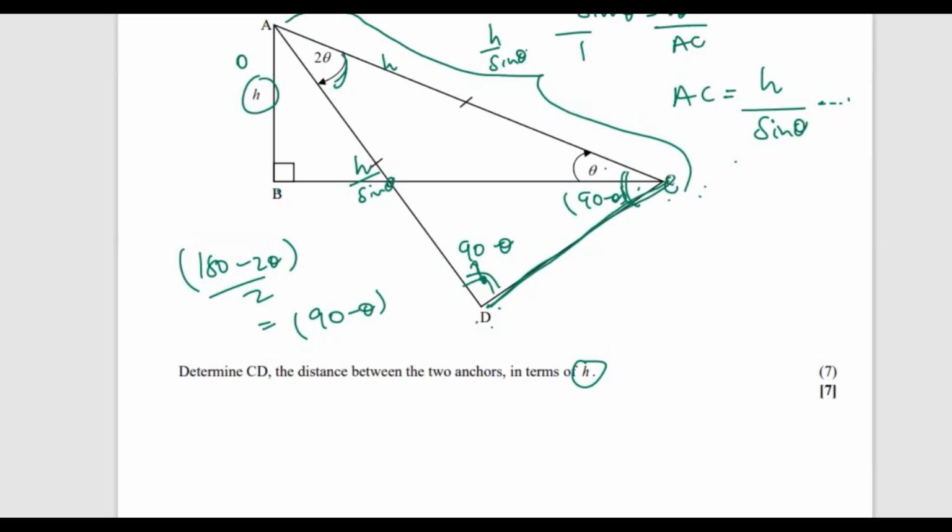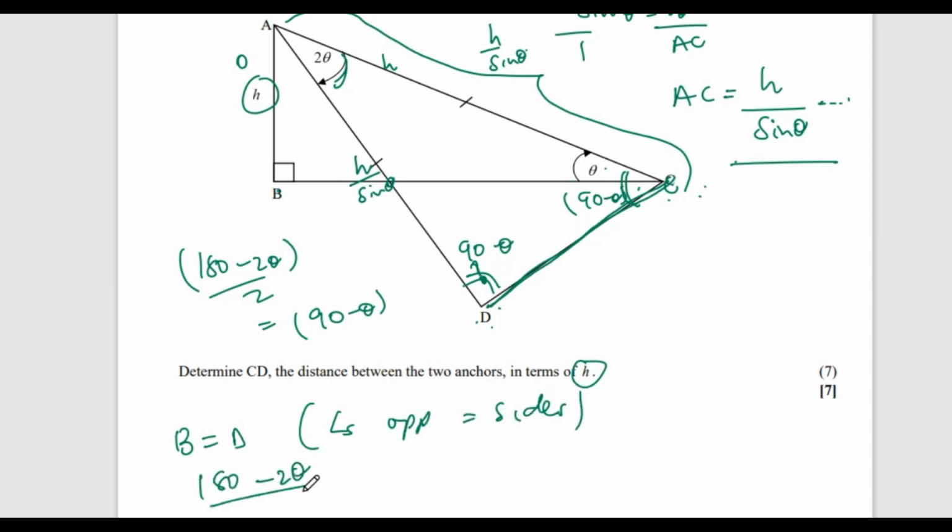Let's see. Yeah, I think that's better. After getting this, angle B is the same as D, angles opposite equal sides, and 180 minus 2 theta over 2 must give us 90 minus theta.